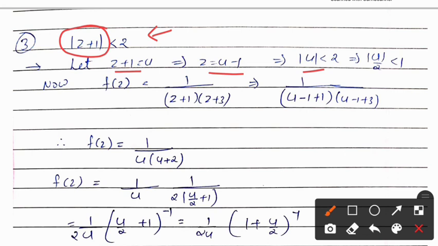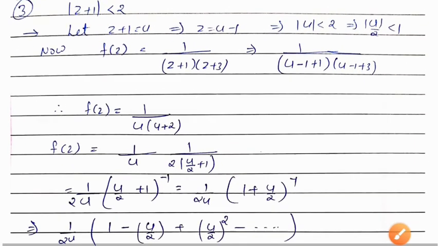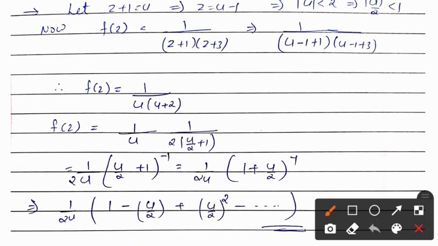Now if mod u is less than 2, again I want this term less than 1, so I will take 2 to the denominator. I get u by 2 less than 1. One more thing you need: our given function is f of z equal to 1 upon z plus 1 into z plus 3.